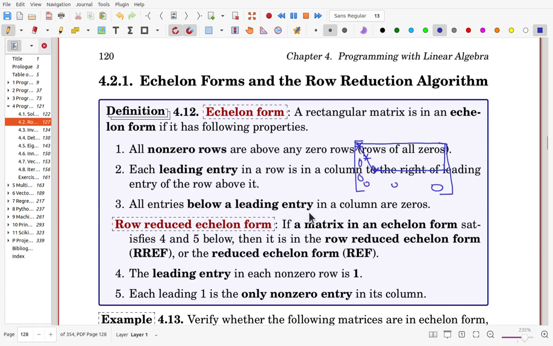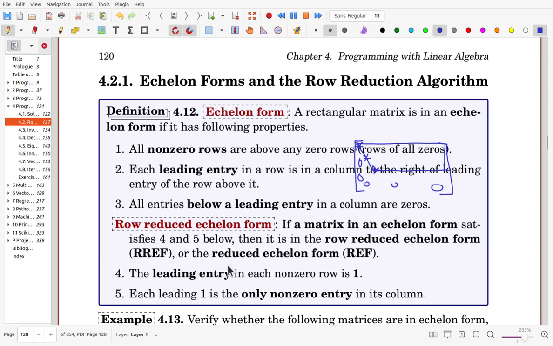So below the leading entry in a column are zeros. Once it is made in this form, it is called an echelon form. Echelon, by definition, is the shape of a ladder, where one side is narrow and gradually becomes wider, and this shape is the echelon form.